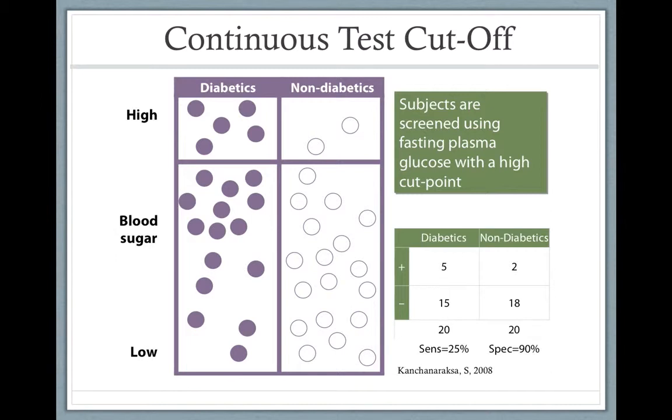The decision to make that cutoff is just kind of a value judgment based on the specificity and sensitivity and the importance of each of those. If it's a diagnostic test, so if it's confirmatory, it's very expensive, very invasive, you want to minimize the amount of people that you put through that.